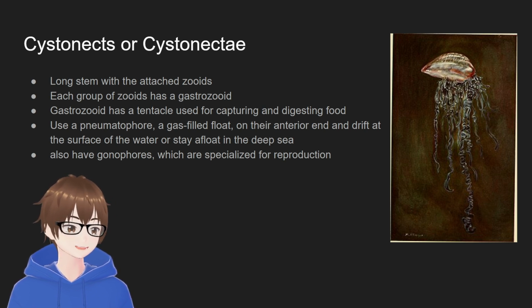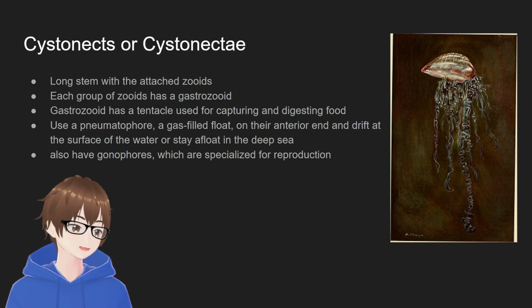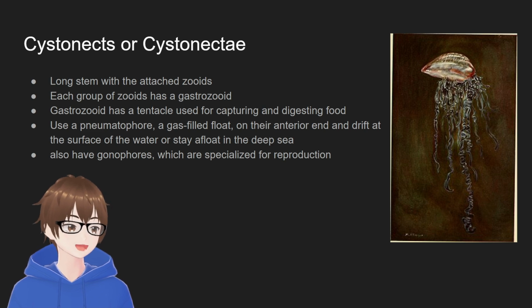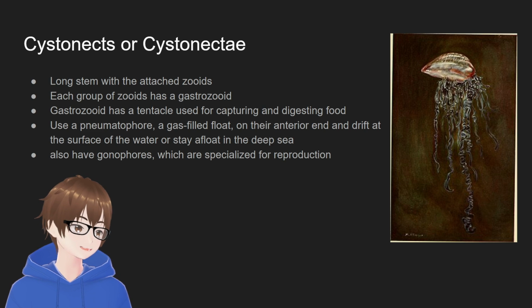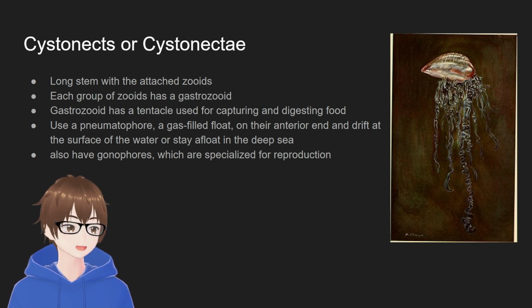And the gastrozooid has a tentacle used for capturing and digesting food, and then they have a pneumatophore, which is a gas-filled float at the very top of the stem, on their anterior end, and then they drift at the surface of the water or stay afloat in the deep sea. They also have gonopores, which are specialized for reproduction.